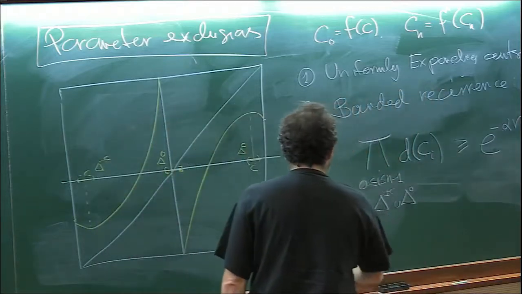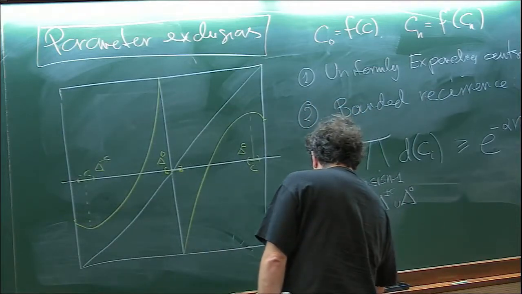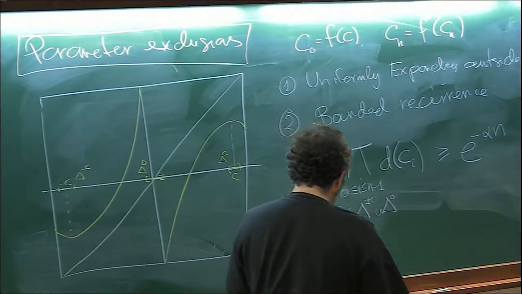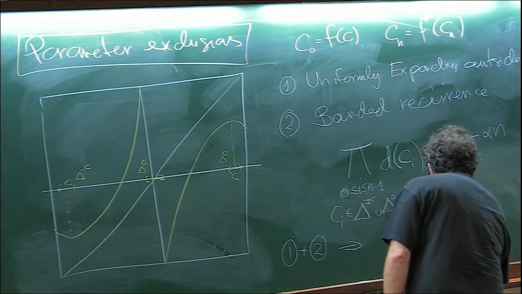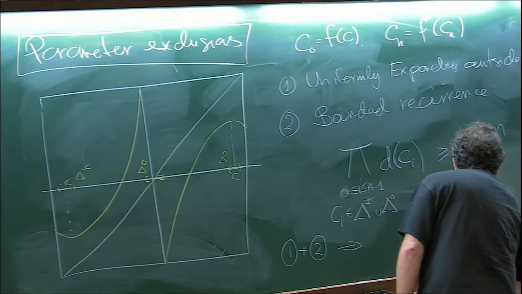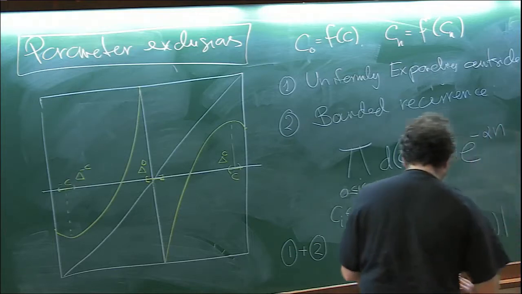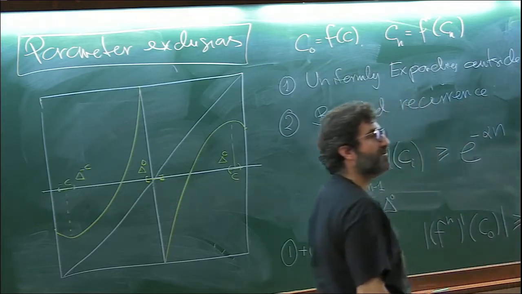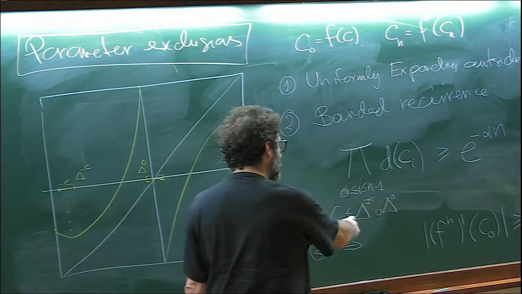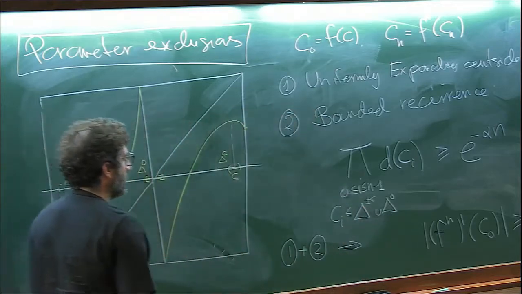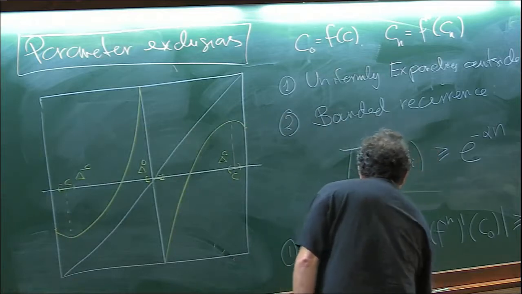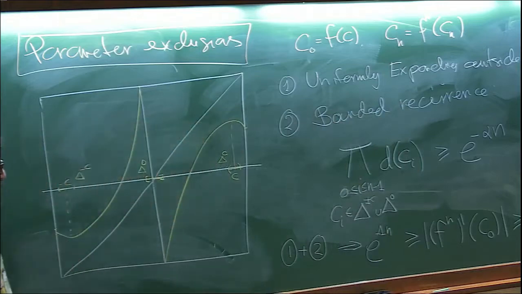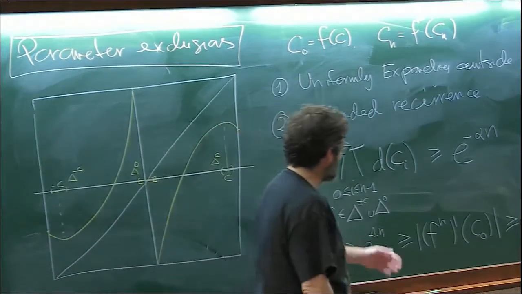The main lemma in the one-dimensional case, which is fairly easy to show, is that 1 plus 2 implies that the derivative along the critical orbit, the derivative of this one-dimensional map at the point C0, is bounded below by some fixed exponential, lambda. And because you're controlling the recurrence to the singular region, it's also bounded above by some big Lambda, which is important for various technical reasons, this maximum derivative growth.